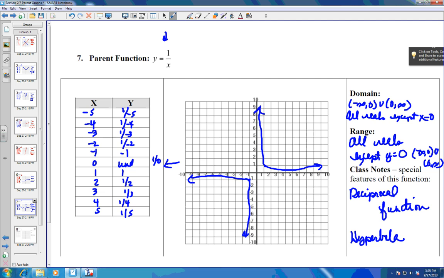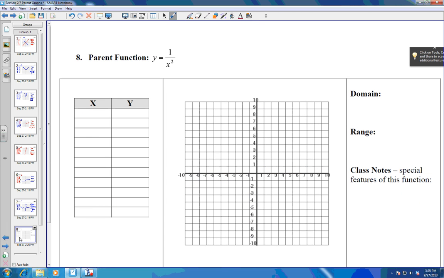All right, number 8. Okay, the parent function is y equals 1 over x squared. So if I choose my numbers, all right, I plug these numbers into 1 over x squared. So -5 is going to be 1 over 25.